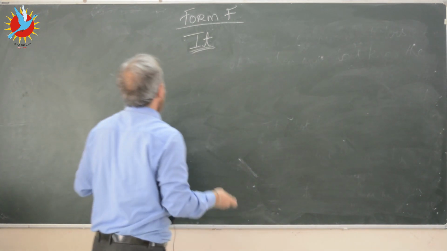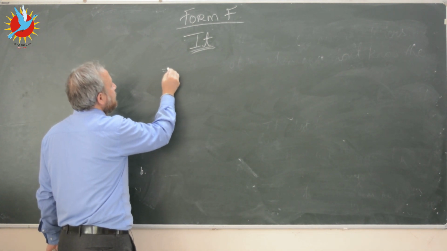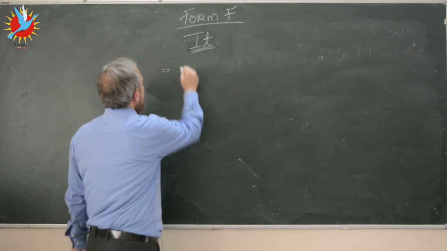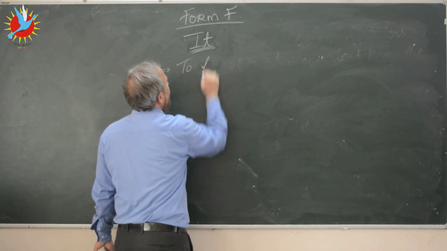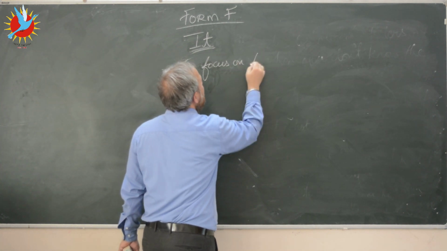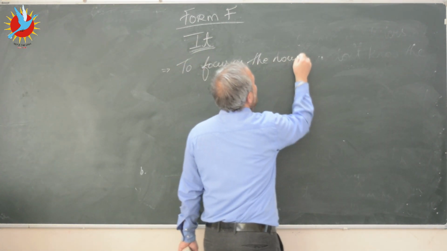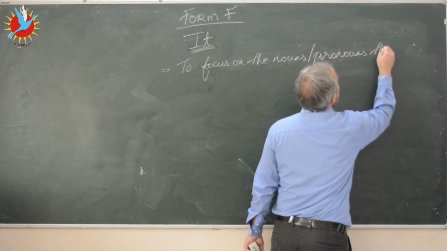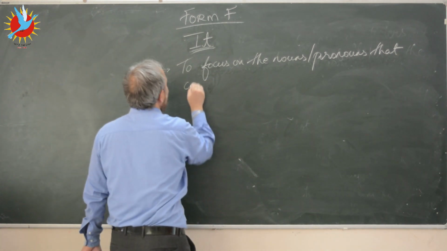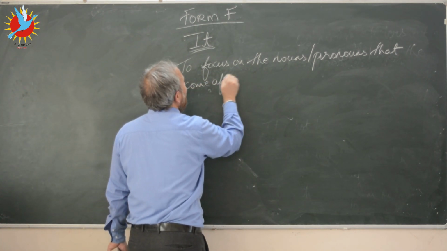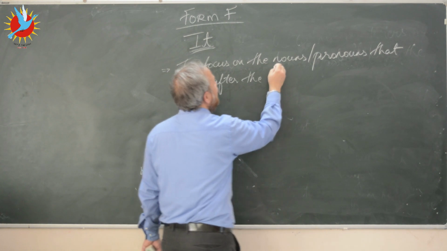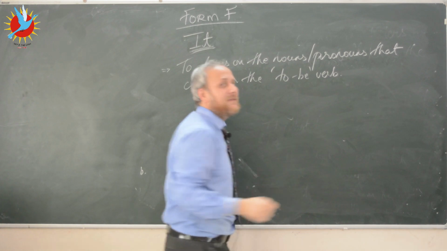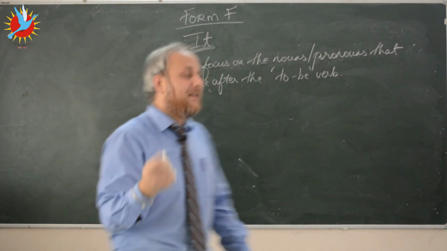And you also use it to focus on the nouns or pronouns that come after the to be verb. Remember the to be verbs? Is, am, are, was, were. These are the to be verbs.